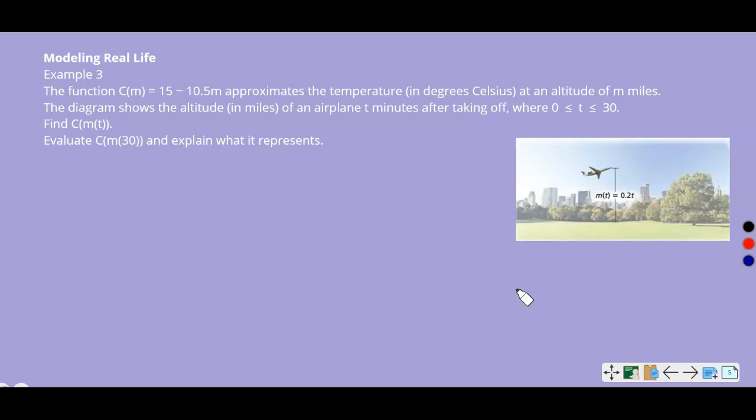All right, so the function c of m is given here, and in the picture we have m of t equals 0.2t. So the first thing it says to do is find c of m of t. So remember, we always start with the inside and work out. So we're going to take m of t, 0.2t, and substitute that in for m in my c of m function.